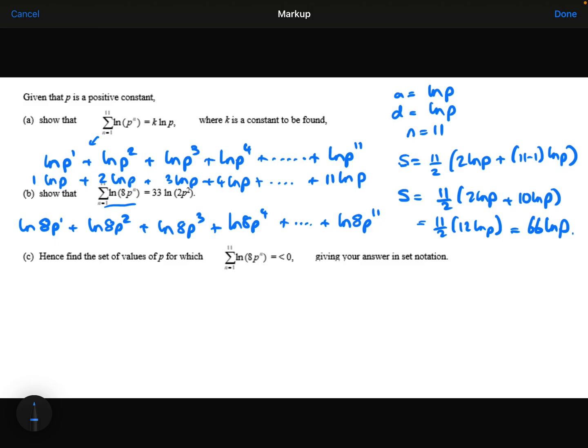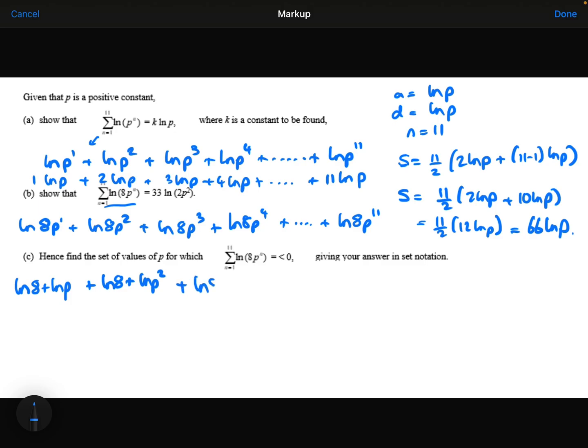Now, one thing I note here then is I could actually use the laws of logarithms to split each of these terms up. The ln 8p, I could write that as ln 8 plus ln p. The ln 8p squared, I could split that up to be ln 8 plus ln p squared.